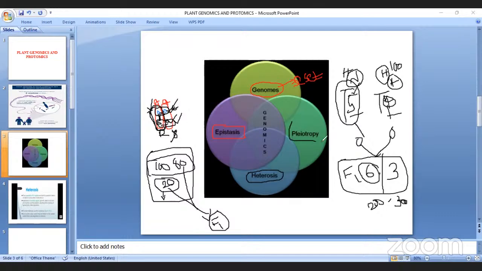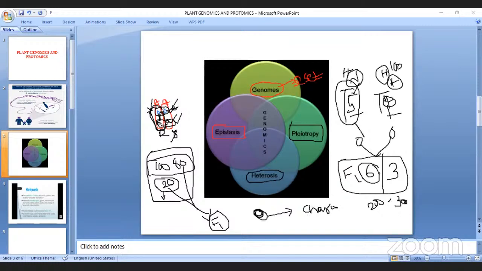Pleiotropy. What is pleiotropy? The same type of parental plant maybe. One gene here. Are you able to see this? One gene. This gene produces one character only. This is the normal situation.